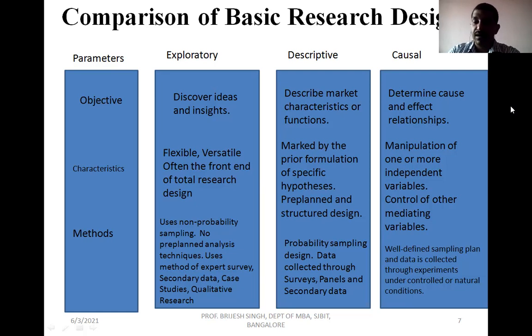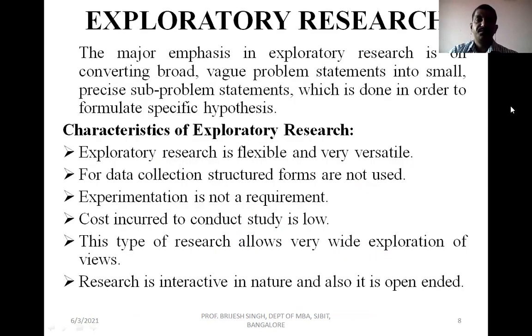Quite obviously, a well-defined sampling plan will be there, and data will be collected through different experiments under controlled conditions. So here, most of the things the researcher will try to control with the help of moderating variables.